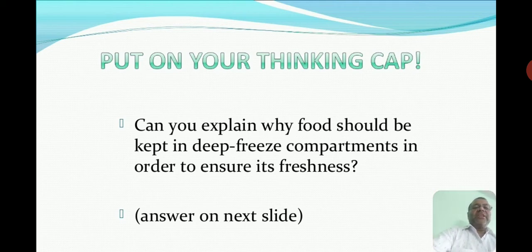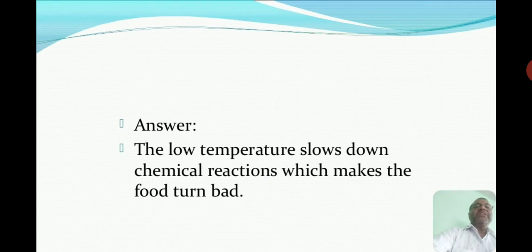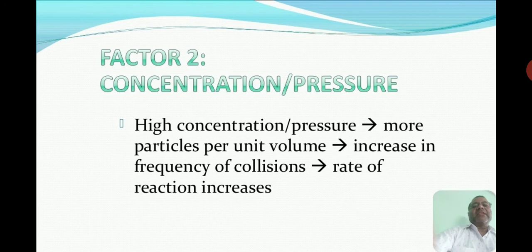The answer is in the next slide, which is the same answer written here also. Due to low temperature, the chemical reaction will be slowed, and therefore the food will not turn bad. So spoilage of the food will be stopped.